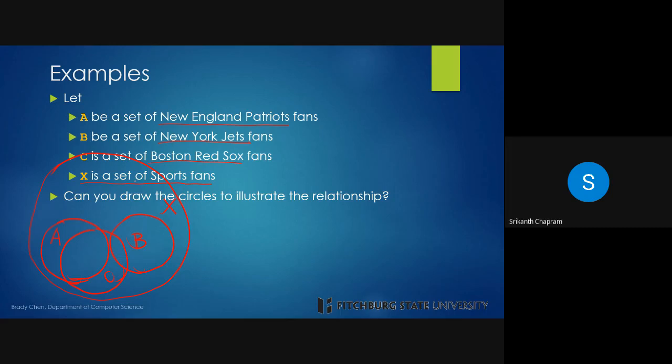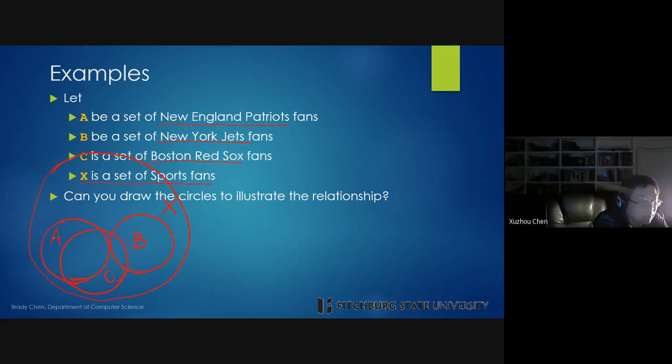So A is a subset of X, B is a subset of X, C is a subset of X. Everyone who likes sports should be an element of X. So that could likely be the case.